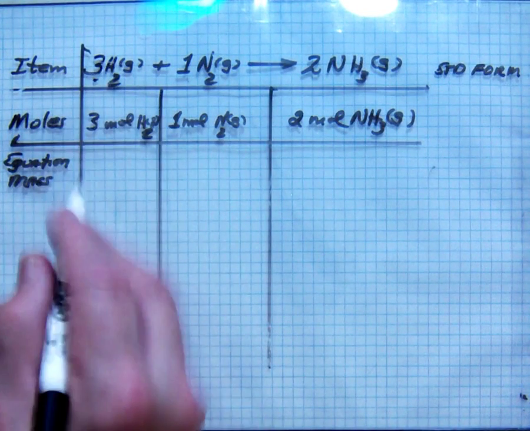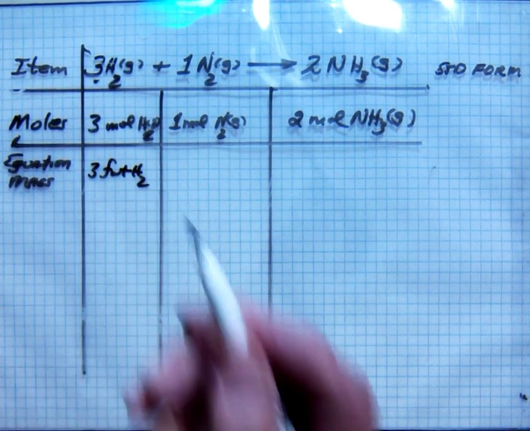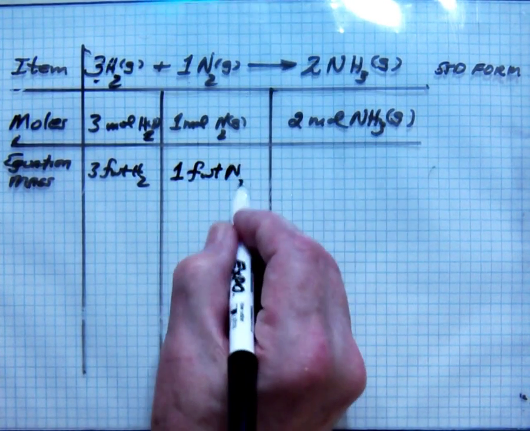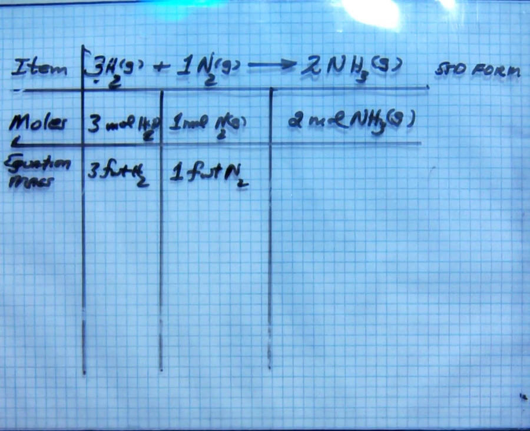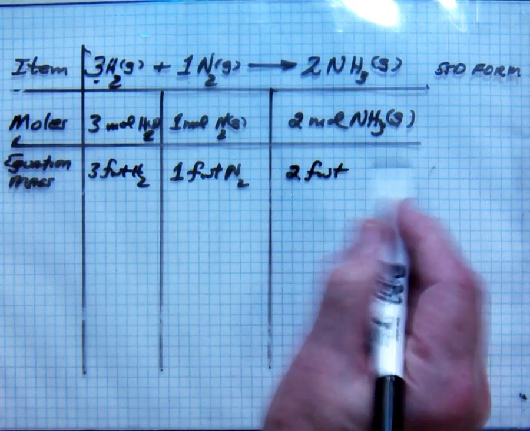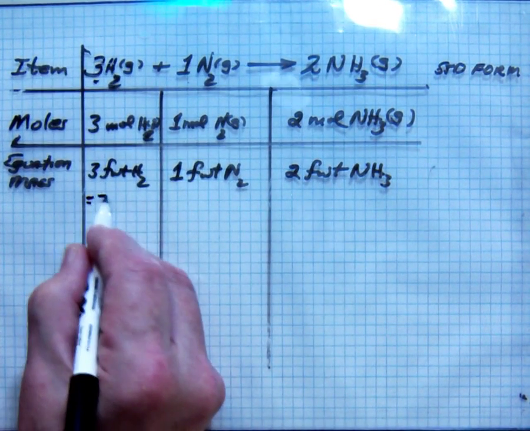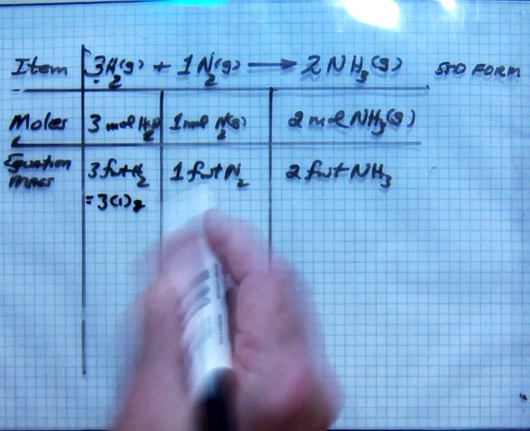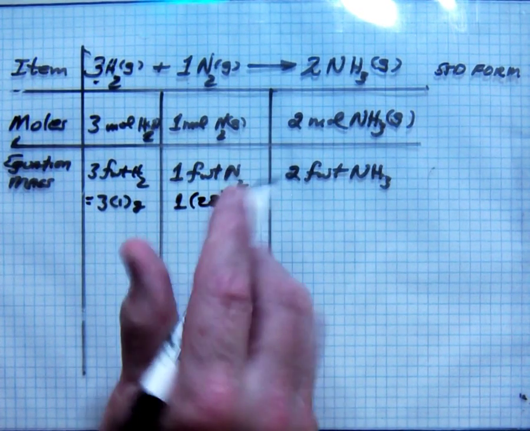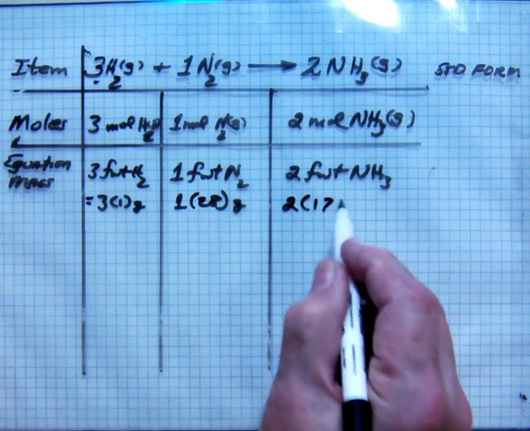In this case, it's 3 formula weights of hydrogen, 1 formula weight of nitrogen, molecular nitrogen, and 2 formula weights of ammonia gas. So that would be 3 times 2 grams, here would be 1 times 28 grams, and here would be 2 times 17 grams.